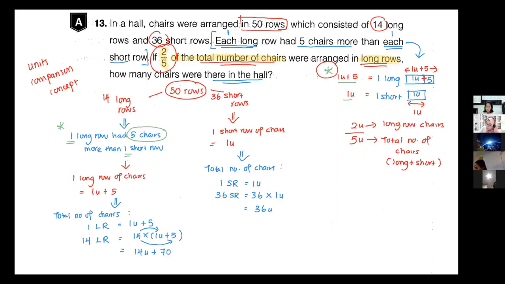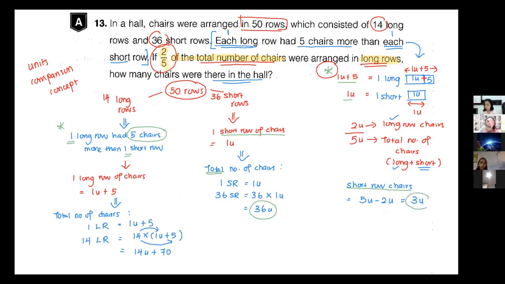Now, what is missing from here? I have my long row, but I do not have my short row chairs, right? So to find short row chairs, what do I do? I take 5 units minus 2 units and I get 3 units. This is talking about short row chairs, and I also have the total of the short row chairs, which is 36 units.